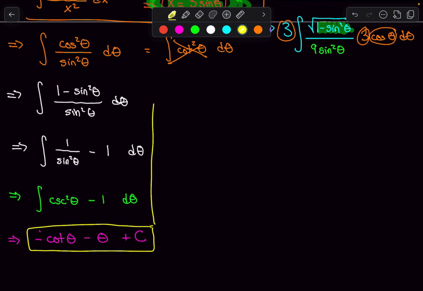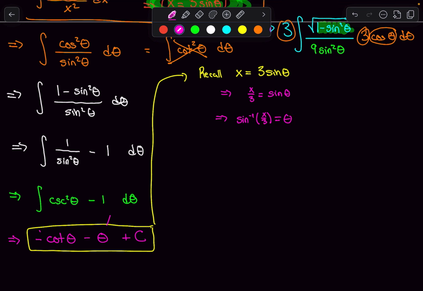And just like with everything else, we need to recall that we chose x was equal to 3 sine theta. And we're going to need to try and use this to get back to x land. Now, let's see. On the one hand, this immediately is going to give us that x over 3 is equal to sine theta, which is immediately then going to give us that the inverse sine function of x over 3 is equal to theta.